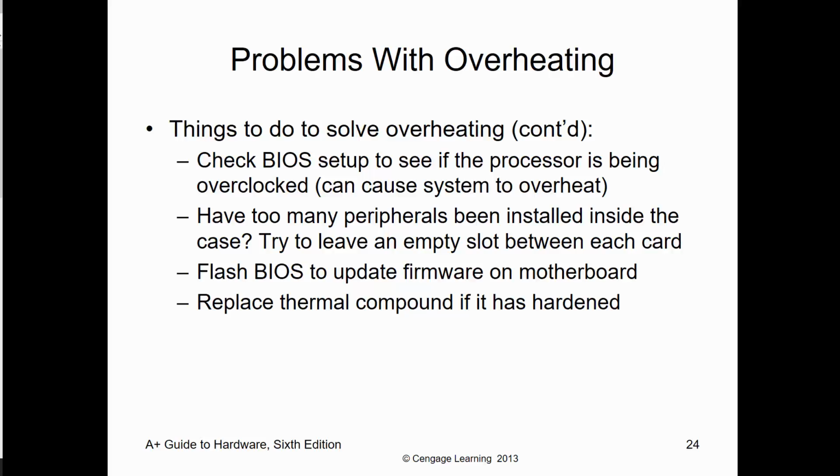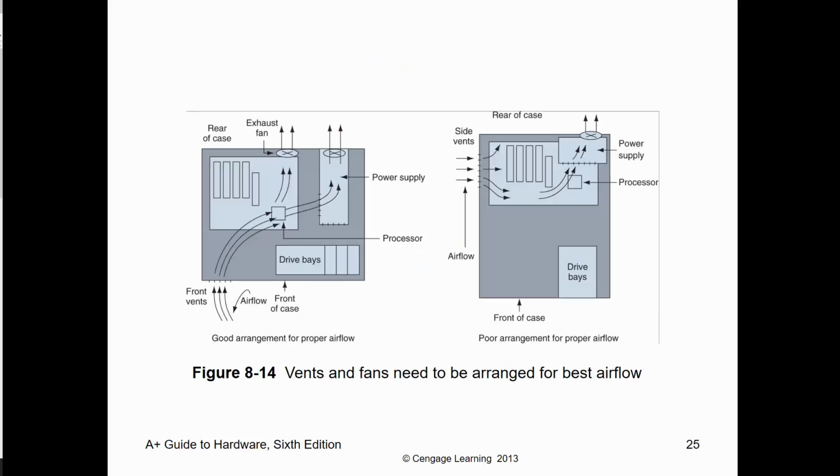Like if you purchase a $2 fan, it may move 50 feet of air, where a $20 fan may move 500 feet of air. So it just kind of depends. You have to make sure you get the appropriate fans for the appropriate cooling.